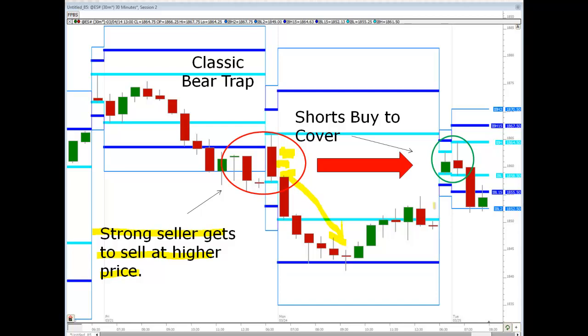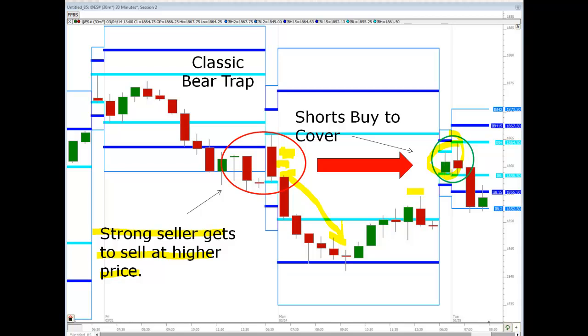But now these poor bears are trapped up here, okay, and they're panicking and they want to get out. If their stop was up here, then this certainly has exceeded the stop. We've taken out those stops, and it's time to exit that short trade. Notice what happens though in the market.